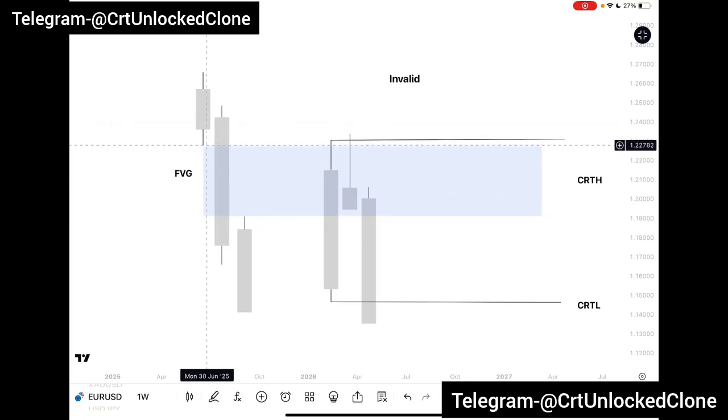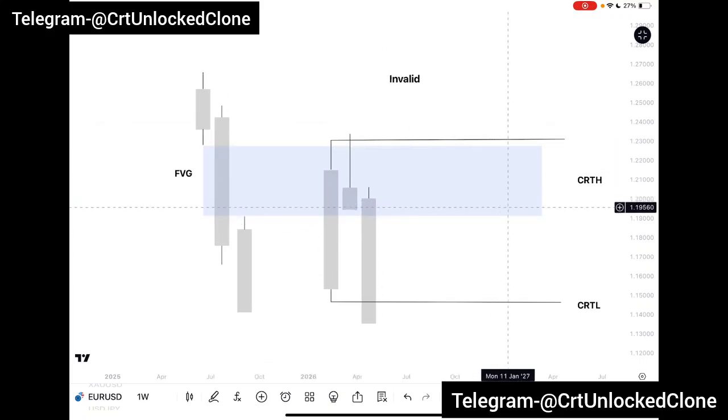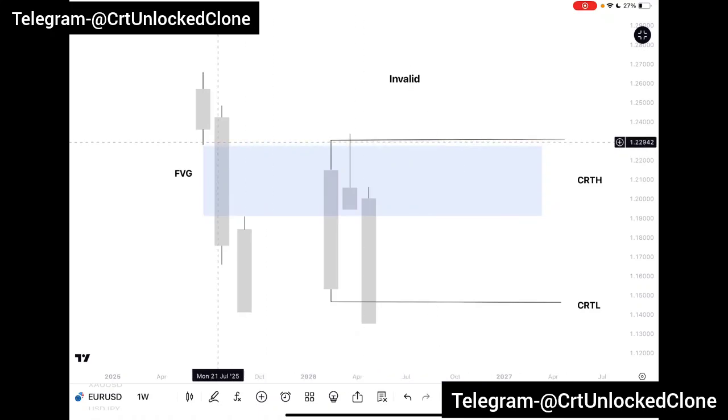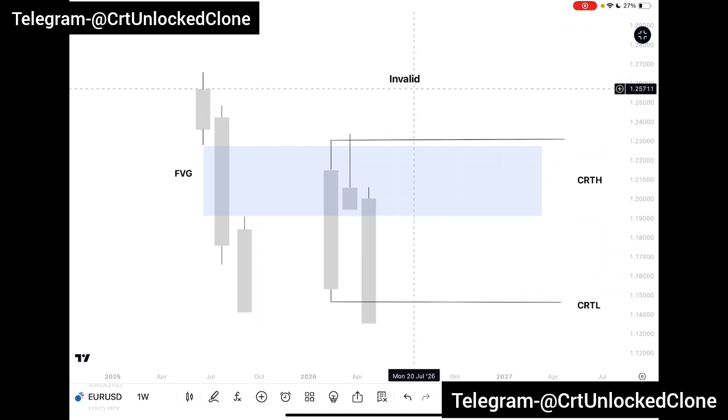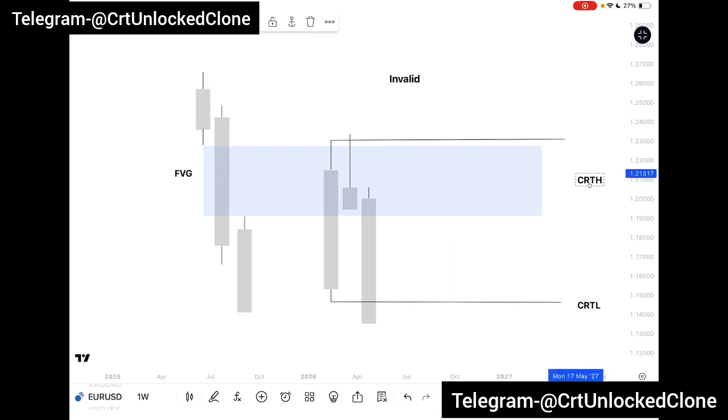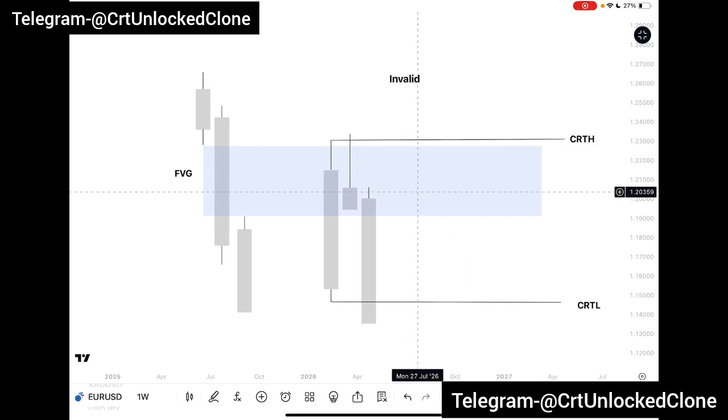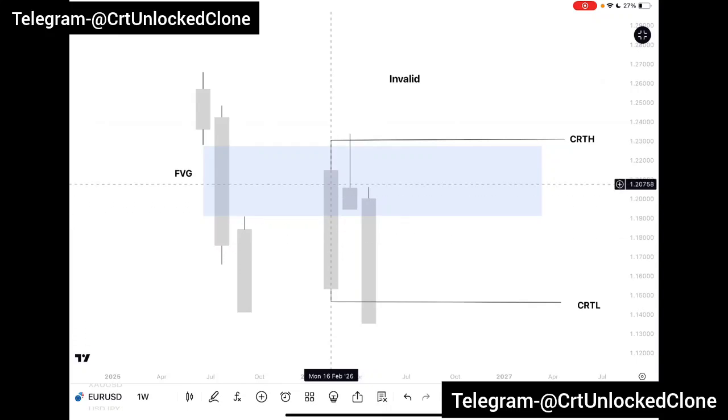Now let's see very carefully. The blue color box which I have drawn is only the area of our key level FVG, and the CRT candle has gone outside the key level FVG. Also, the manipulation candle has gone outside our FVG. So this scenario 2 is an invalid scenario. Listen very carefully, guys. This scenario 2 is invalid because the CRT candle has gone outside of the key level FVG. Also, the manipulation candle has gone outside of the FVG. So it's a pure invalid scenario.